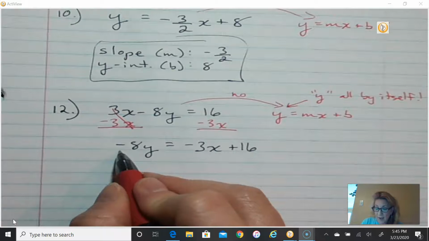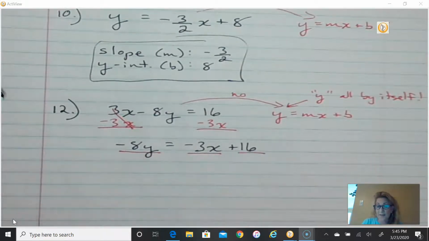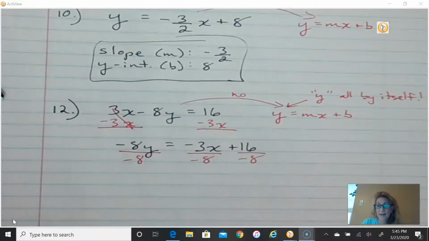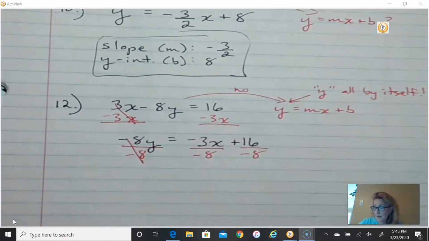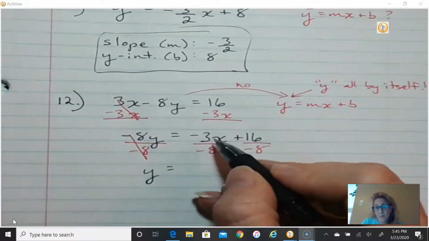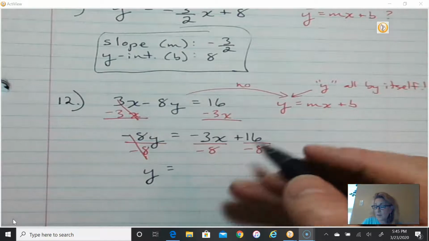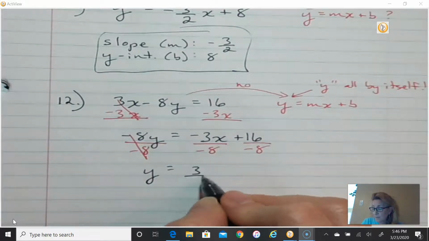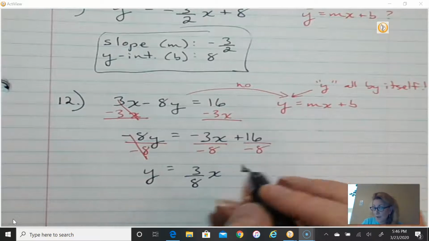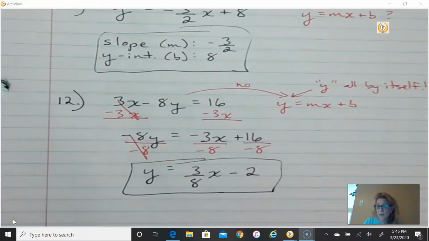Okay, so I'm going to divide by -8, but I have to divide everything by -8. Everything. This cancels out, and I'm left with y equals, hey, some of you got this one wrong. Negative over negative gives you a positive. Positive 16 divided by -8, -2. There's your equation.